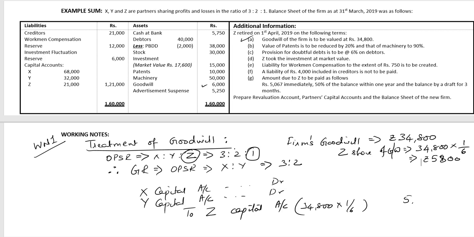So that's Z's share of goodwill, and this has to be divided between X and Y in the gaining ratio 3:2. So against X we have 5,800 into 3 divided by 5, and against Y we have 5,800 into 2 divided by 5.